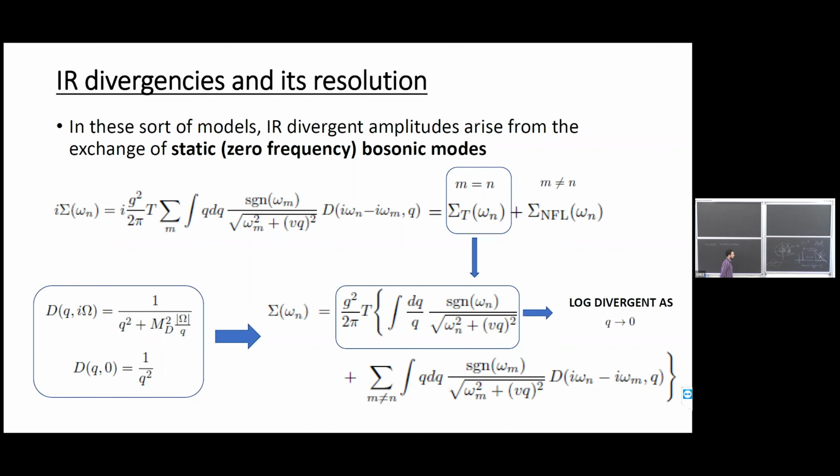This is the IR divergence. The other contribution, we will see that it's completely regular, and we can explicitly compute it, and it doesn't add too much information. But the main point here is that the competition between these two contributions is essentially what will lead to a richer diagram in the critical region.